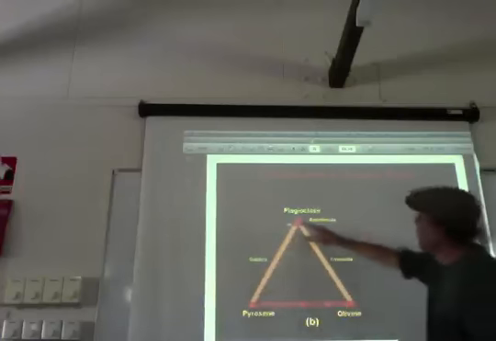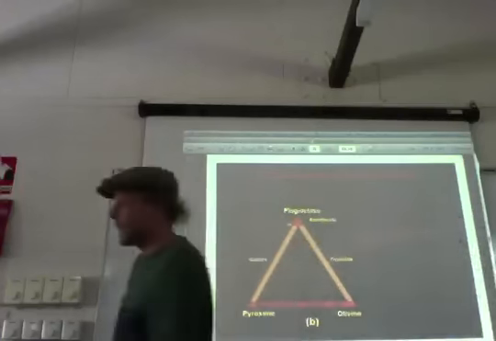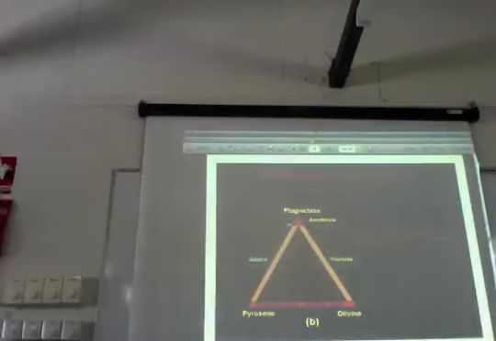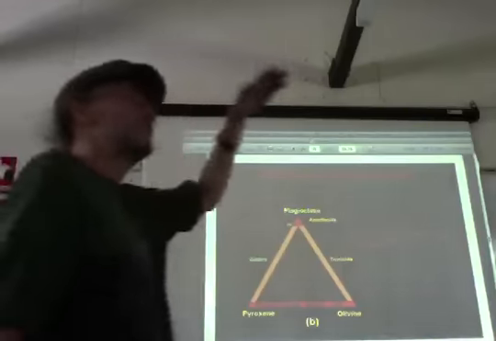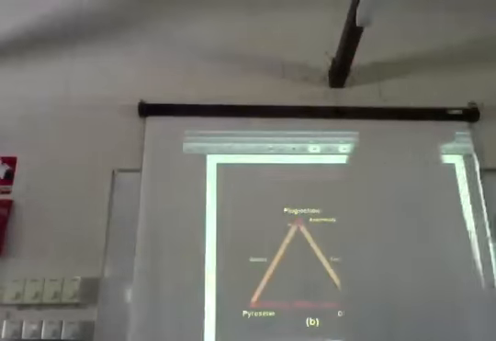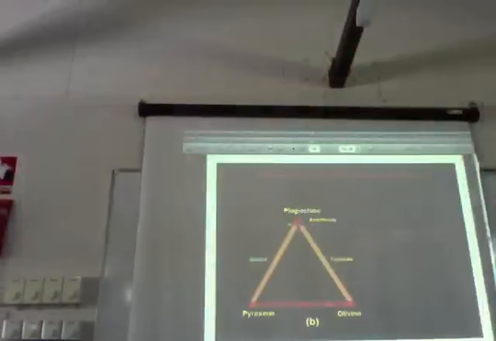Here on the top we have the anorthosites. These are plagioclase bearing rocks, and they contain more than 90% anorthite. These anorthite bearing rocks are always formed at the top of a magma chamber. Why?